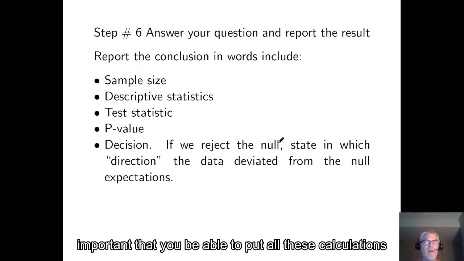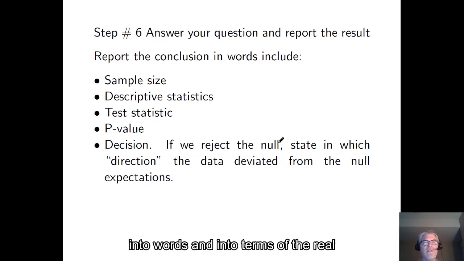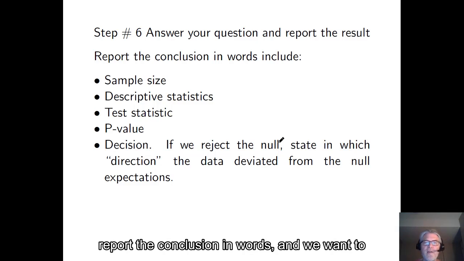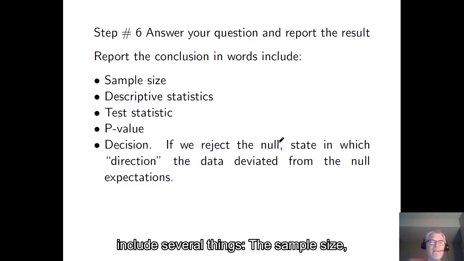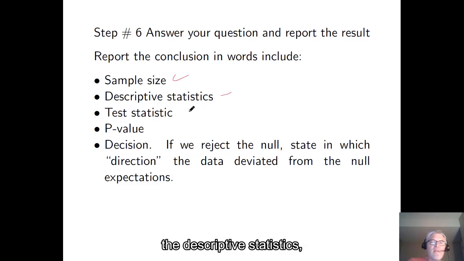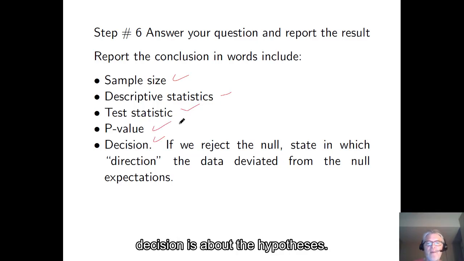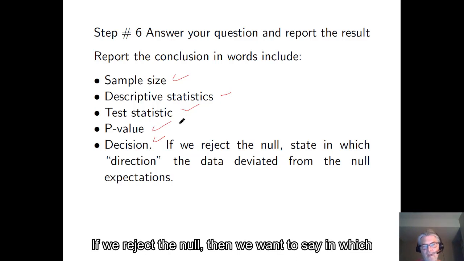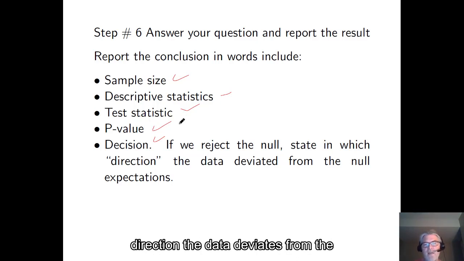Okay? And now we have to answer our question. It's really important that you be able to put all these calculations into words and into terms of the real biology that you're addressing. We want to report the conclusion in words, and we want to include several things: the sample size, the descriptive statistics, the test statistics, the p-value, what our decision is about the hypotheses. If we reject the null, then we want to say in which direction the data deviates from the expectations of the null. Right?